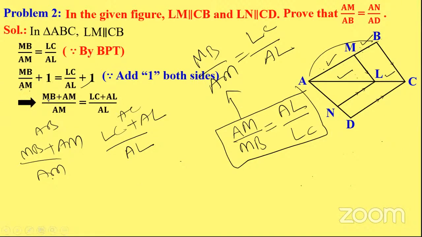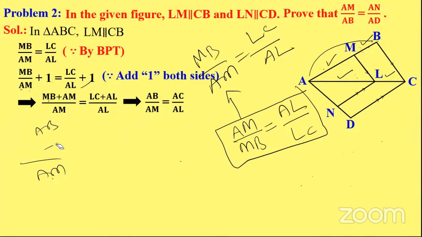Let us check. MB plus AM by AM, LC plus AL by AL, that is equal to AB by AM, AC by AL. Now, let us reverse both, the ratios again, because we are required to prove AM by AB.